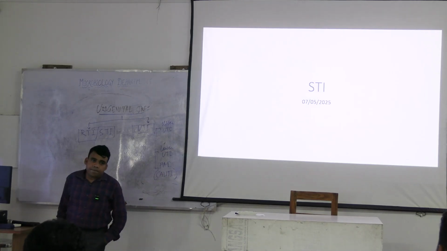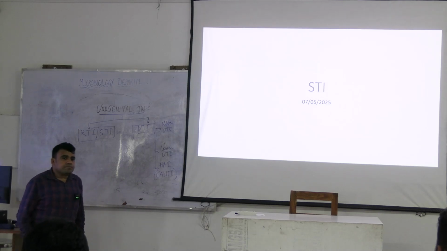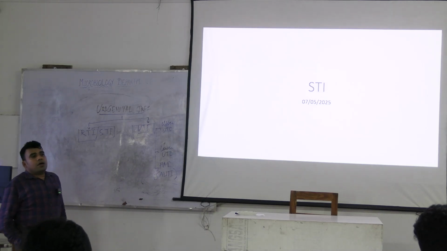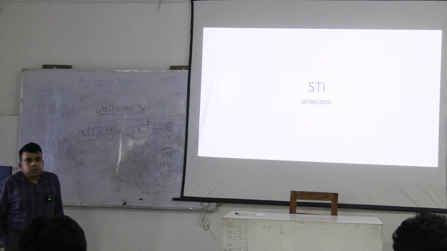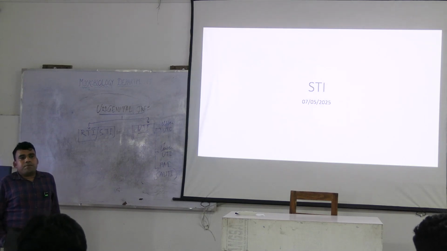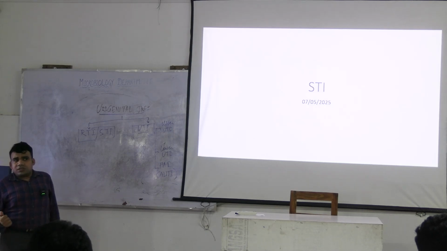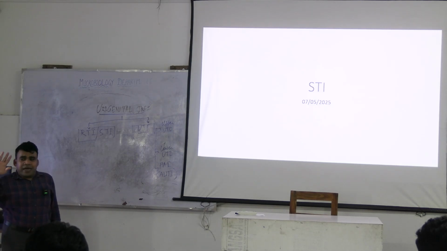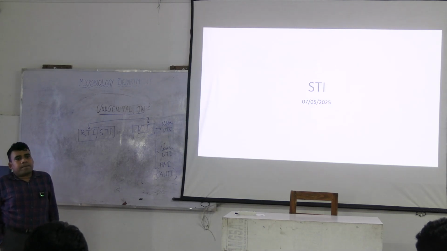Can you explain why? So classically, in case of lower urinary tract infection, we say the patient will complain of dysuria, urgency and frequency. But if the patient has a catheter in situ, they will not complain of this. Any idea why?